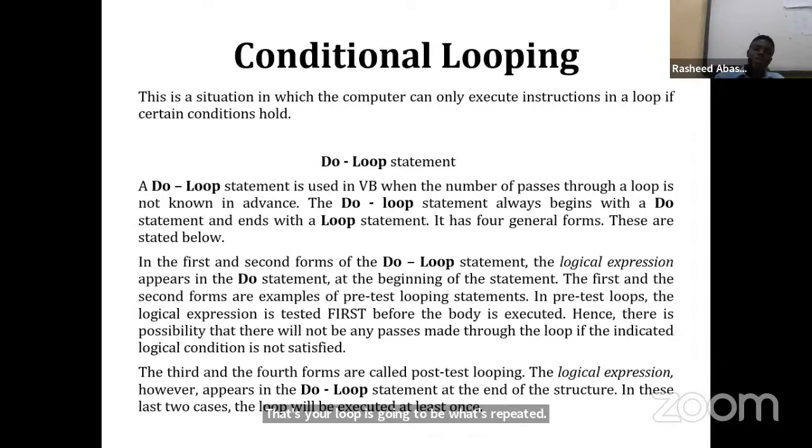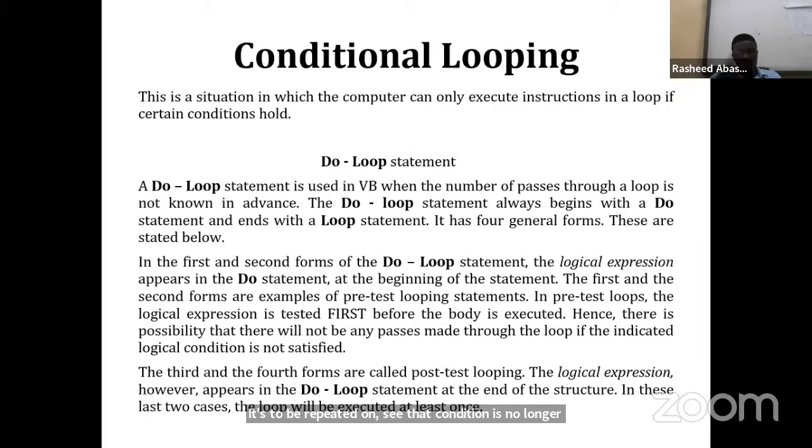The repetition of your loop is dependent on a particular condition, or let me say on some conditions. It's only in as much as those conditions or the condition is true, your loop is going to be repeated. It will be repeated until that condition is no longer satisfied.